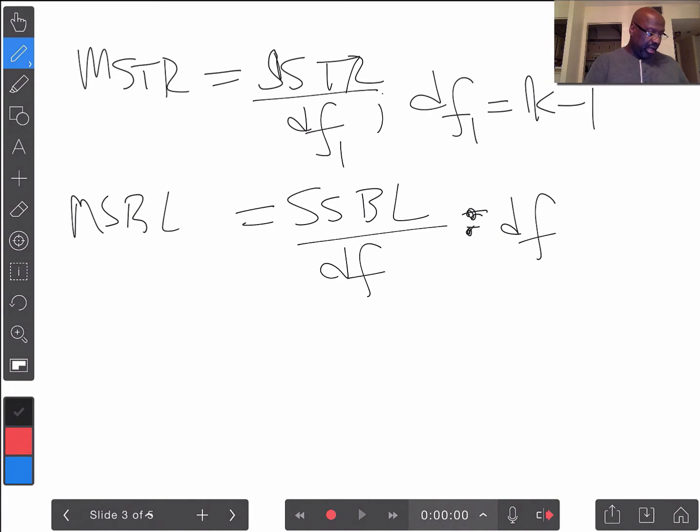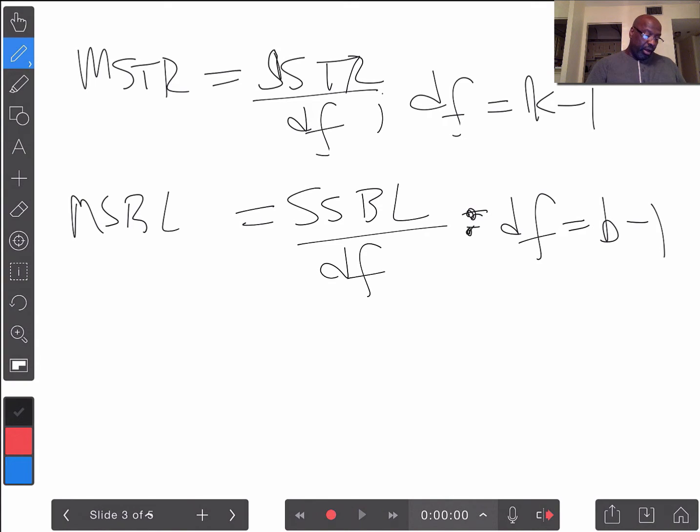Let's just call it DF for now. So this will be b minus 1, the number of blocks minus 1. Same way for treatments, we went the number of treatments minus 1. For blocks, we'll go the number of blocks minus 1, the number of rows minus 1.